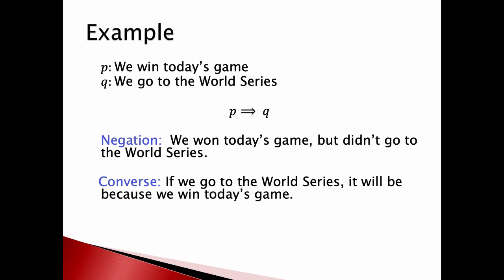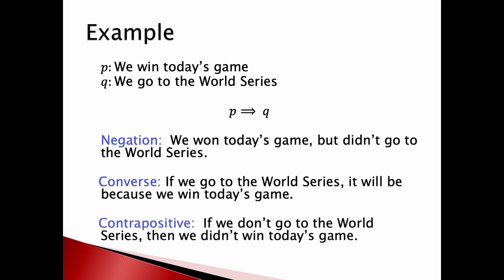But think about what the contrapositive says. The contrapositive says, if we don't go to the World Series, then we didn't win today's game. So, not Q implies not P, right? And that's exactly the same as saying P implies Q, right? Because, let me say the two sentences together.